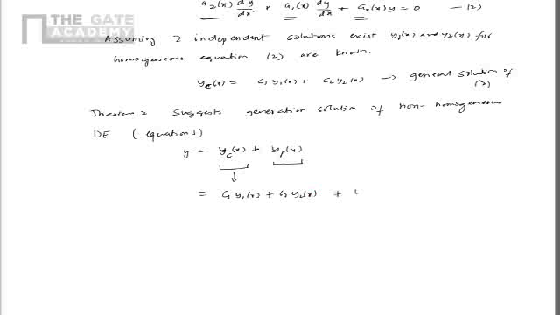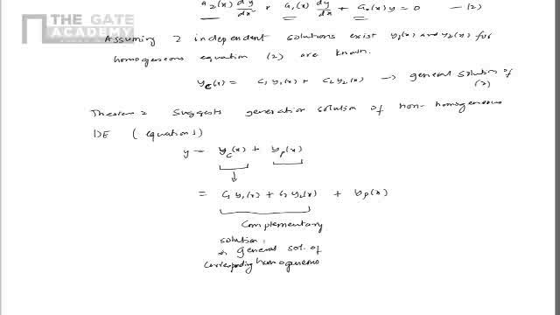This is called the complementary function or the complementary solution, which is nothing but the general solution of the corresponding homogeneous equation. And this y_p is the particular integral, or the particular solution.